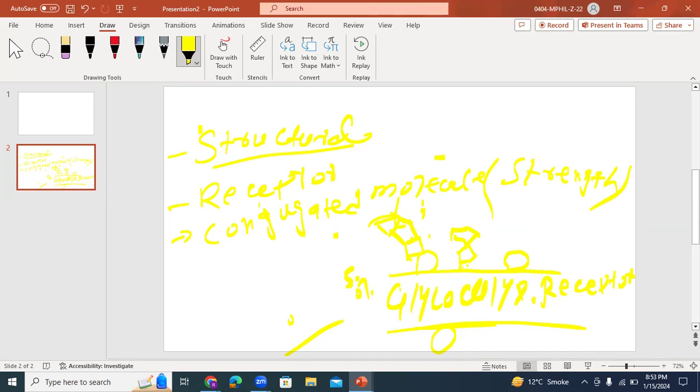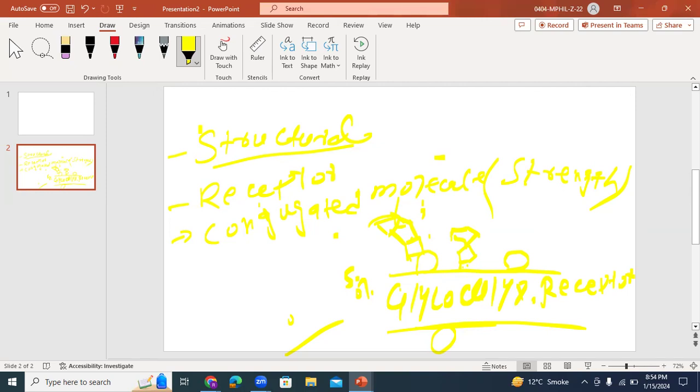How? Because it will combine with lipid or protein to form a conjugated molecule. A conjugated molecule is formed from two different types of molecules. In this case, there is not much detail in your syllabus.